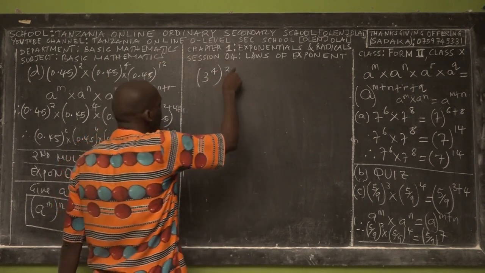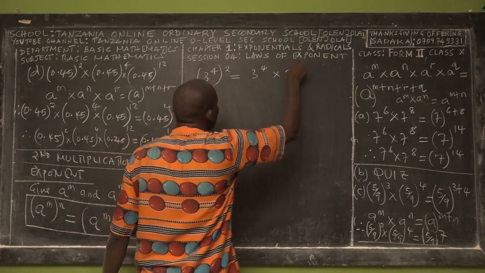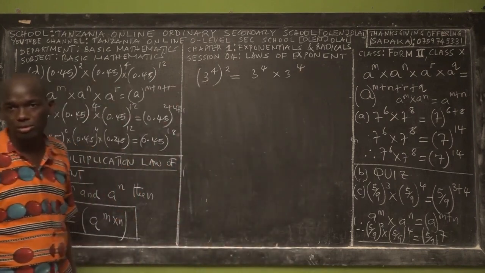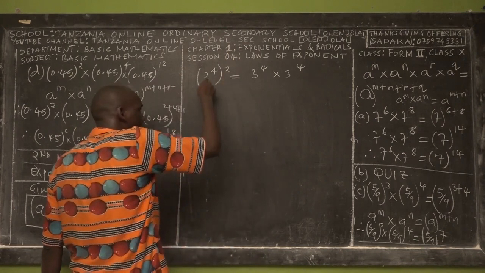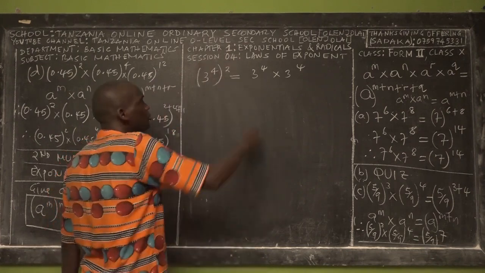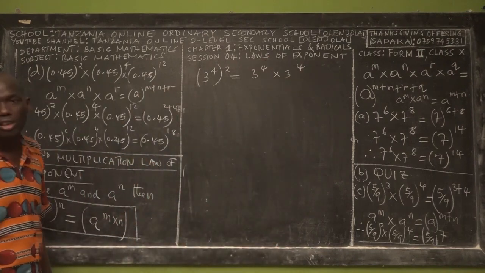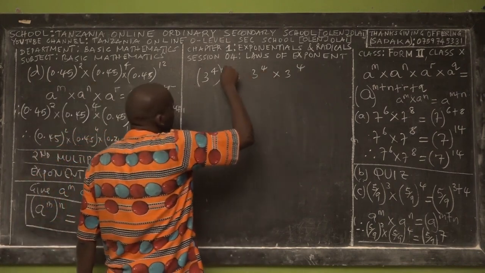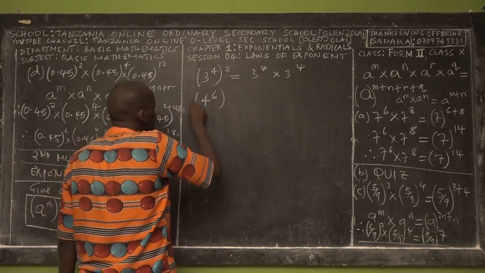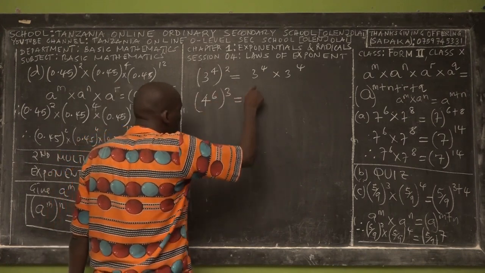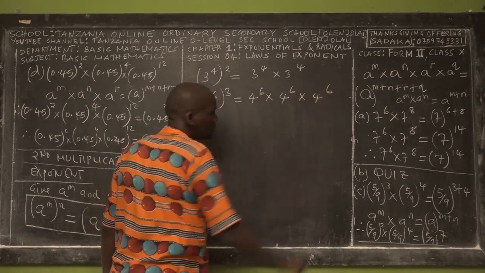Usually we say that 3 power 4 power 2 means 3 power 4 times 3 power 4. How many 3 power 4? Two. That's why we have this 2. If you write, let's say, 4 power 6 with 3 outside, this is equivalent to 4 power 6 times 4 power 6 times 4 power 6. That's the meaning.